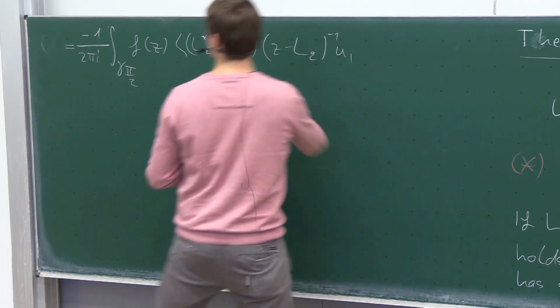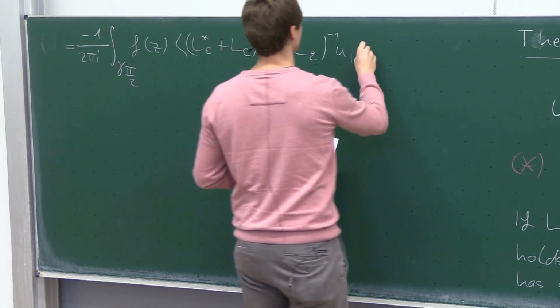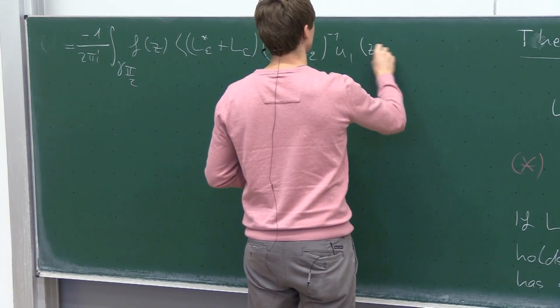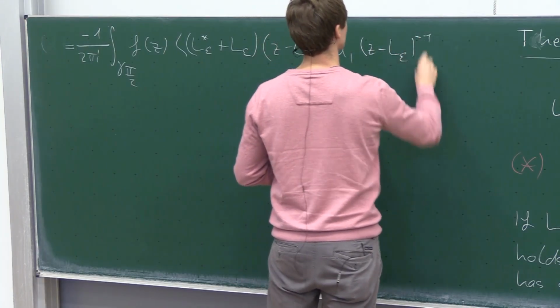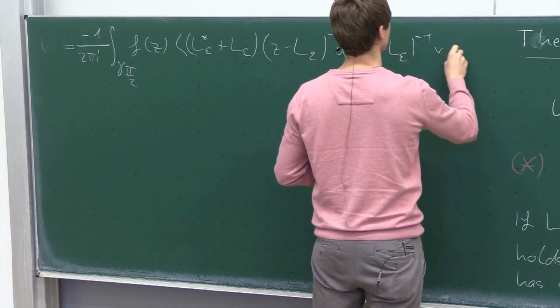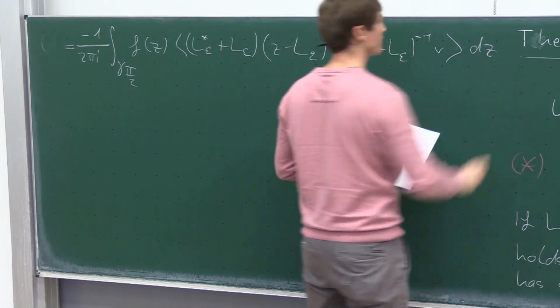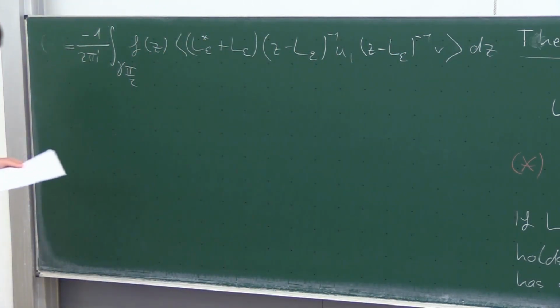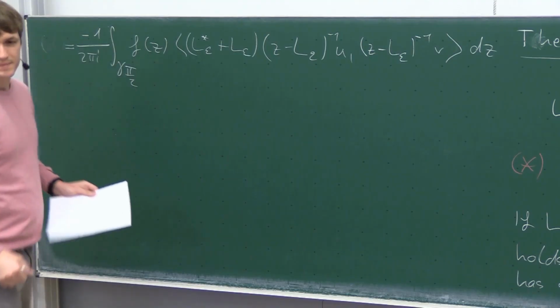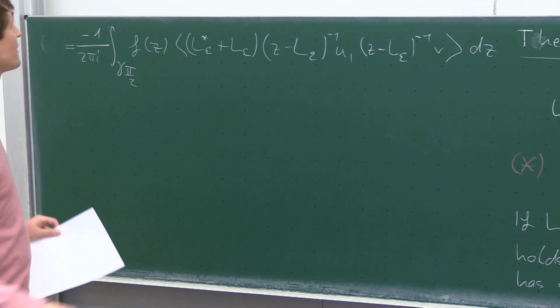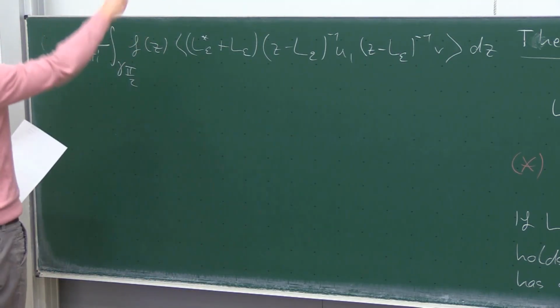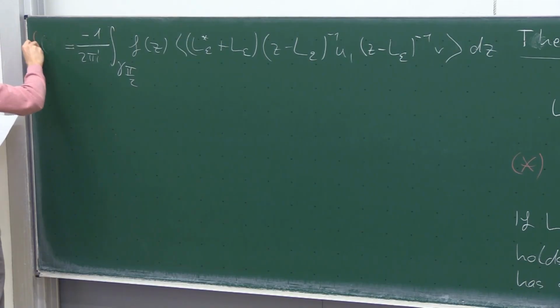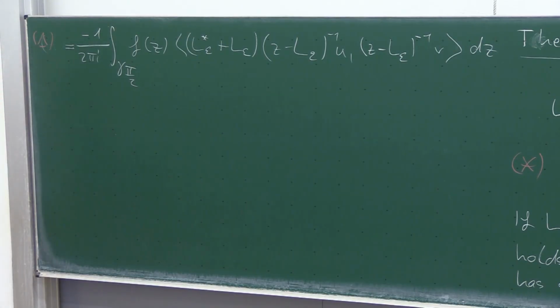Then, because we took out the minus 1 here, we test again with the resolvent of L epsilon applied to v and integrate with respect to dz. Okay, and so this whole equation here will be denoted, let's say, by the red triangle.